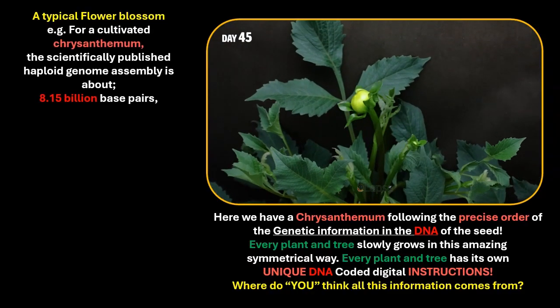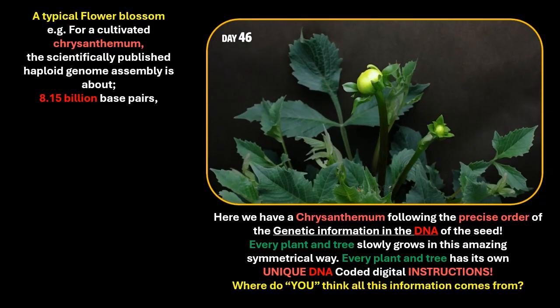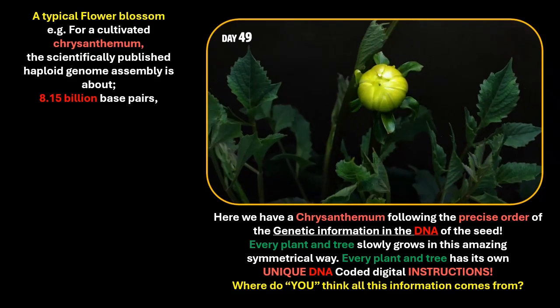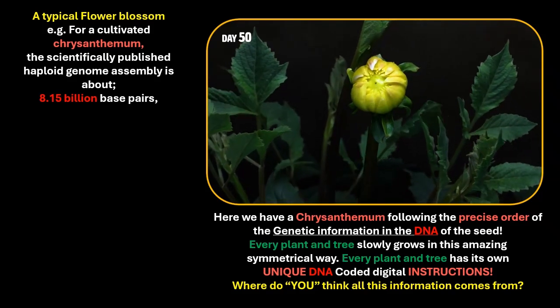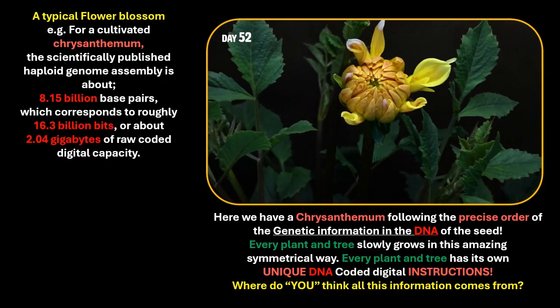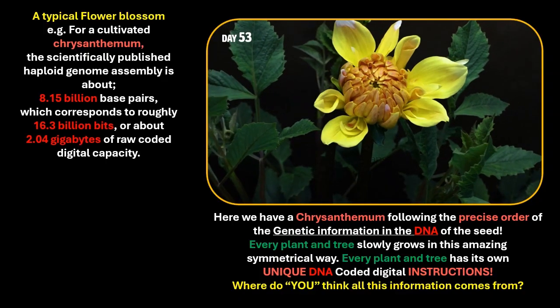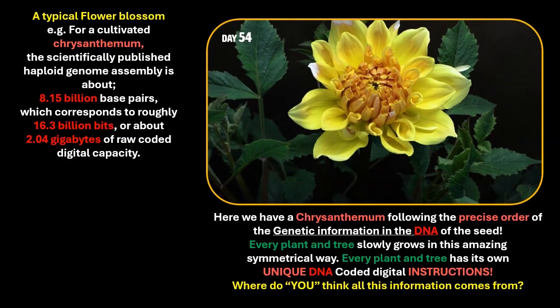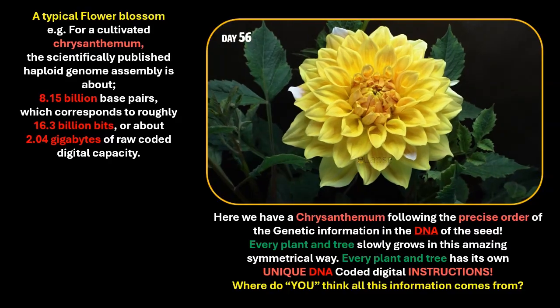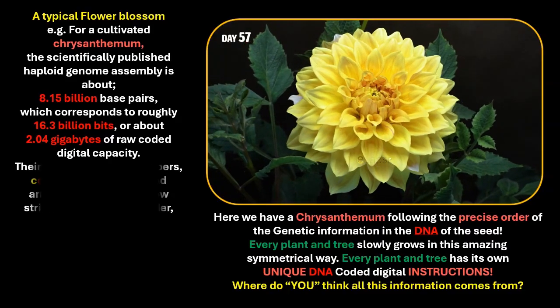A typical flower blossom, for example the cultivated chrysanthemum, the scientifically published haploid genome assembly is about 8.15 billion base pairs, which corresponds to roughly 16.3 billion bits, or about 2.04 gigabytes of raw coded digital capacity.